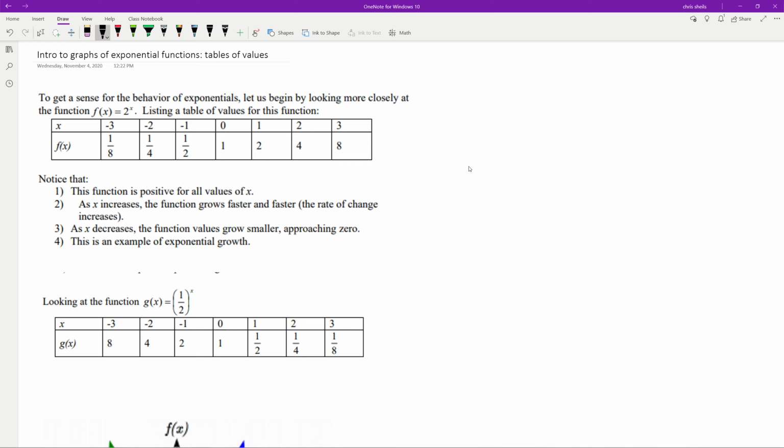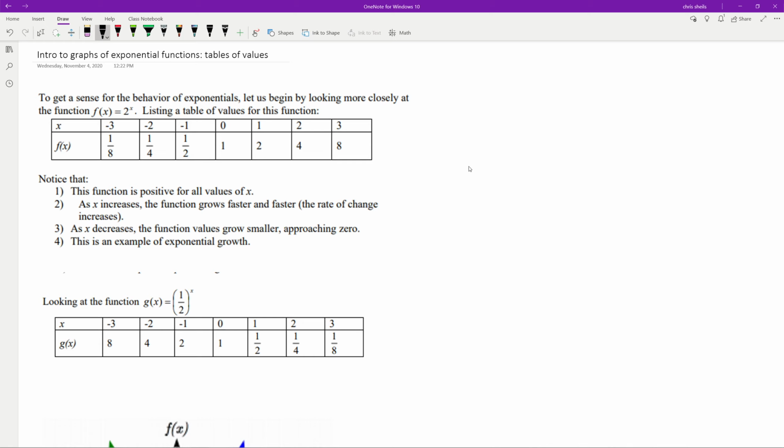Notice here that this function is going to be positive for all values of x. Even whenever I plug in these negative numbers, I'm never going to get a negative number out. As my x values are increasing here, this function is also growing faster and faster, right? As I get farther to the right in my x values, between 0 and 1, this increased by 1.